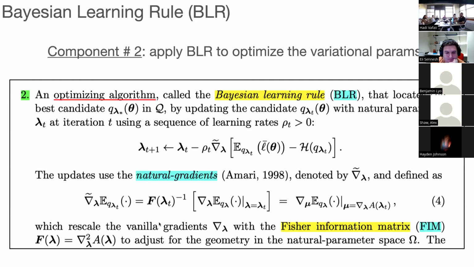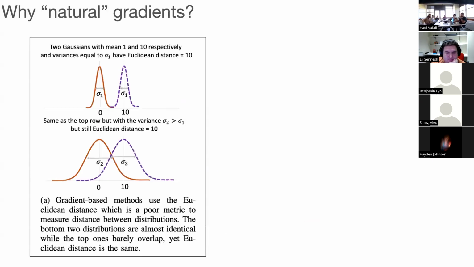So let's talk about natural gradients, which is a very important but often overlooked component. This is from another paper from Khan, the first author of BLR, from 2018 or so, which tries to give us an intuitive way to understand why natural gradients are the right thing to do when you're optimizing in the space of probability distributions. Let's focus on the first figure here.